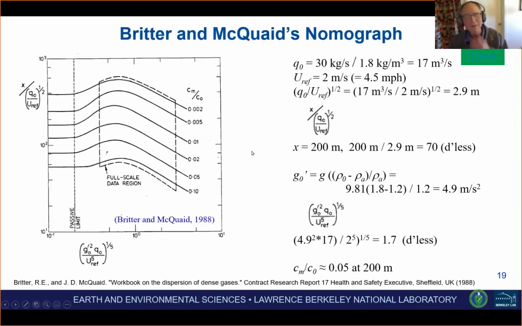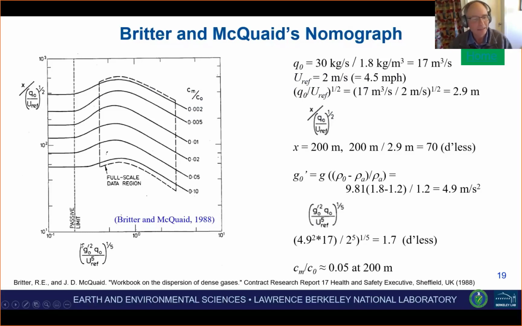So Britter and McQuaid, again, put together all their results in a series of nomographs. And so these are some very simple figures in which the data and their correlations are essentially encoded.